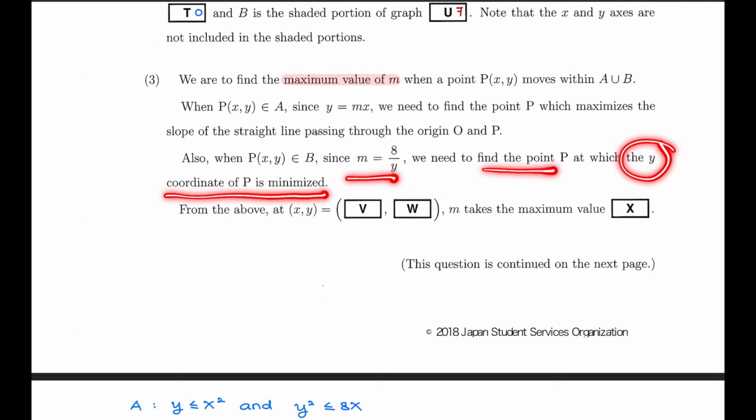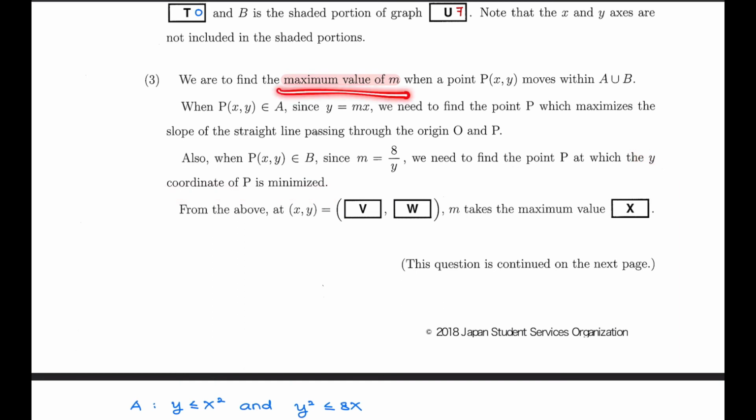Why do we want the y coordinate of P minimized? Because we want the maximum value of m. When the value of y is as small as possible, we get the value of m as large as possible. That's what this question wants.